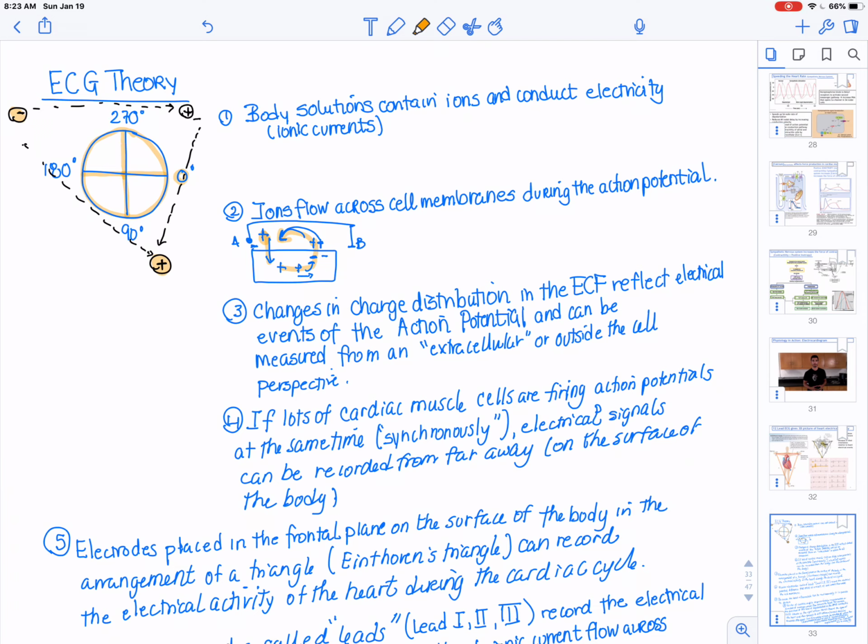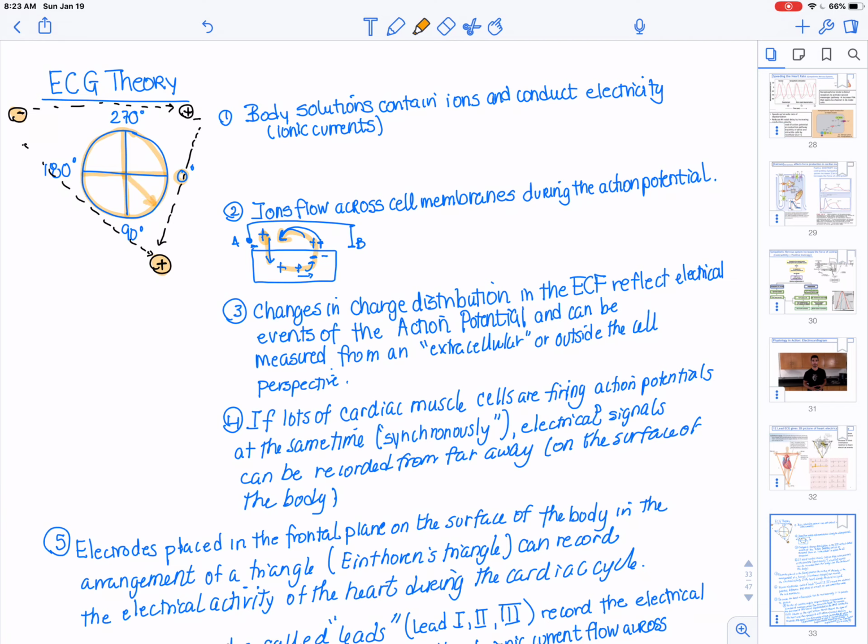And so when an ECG expert considers the vectors of current travel through the heart and what we record as voltage signals from the surface of the body, you will often see degree measurements.